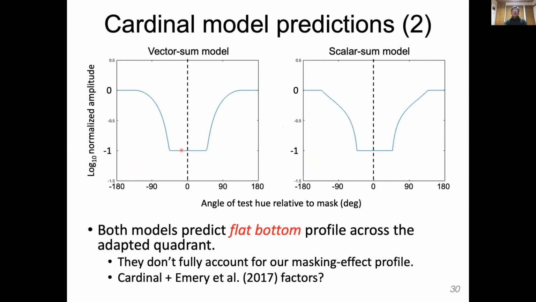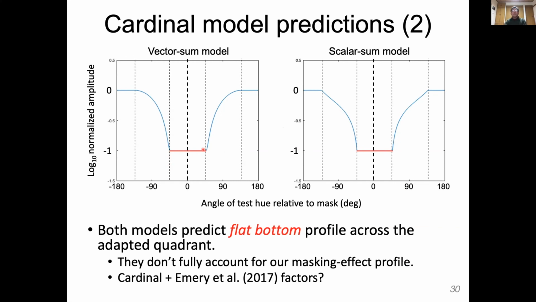A very significant characteristic of this predicted curve is that it has a very wide flat bottom, which spans the entire quadrant from -45 degrees to 45 degrees. And it doesn't seem to fit our result. I mean, they don't fully account for the masking effect profile.